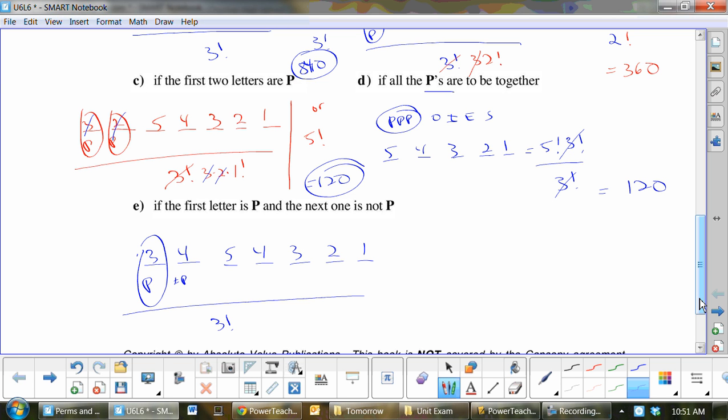The other way the book does this one is they take that P out of the pool, then they go with the 4, you can only pick 4 for the next letter, and then they go 5 factorial over 2 factorial. So they're doing the 5 factorial left and dividing out the repeats. Okay? So the book does it a little bit more complicated. I think that most people can identify with the first way, so you get 240.